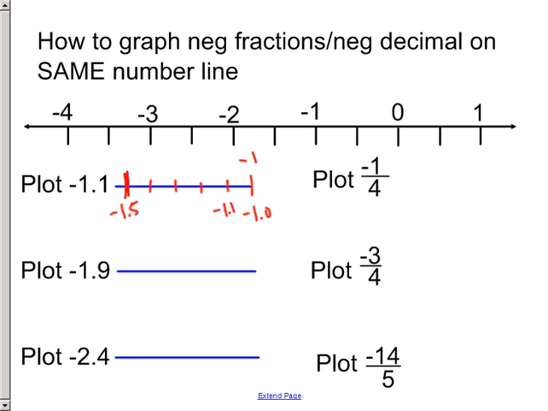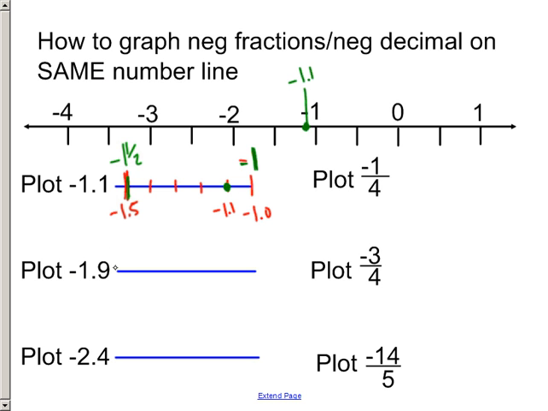So let's zoom in on this, and you can see negative 1.1 is to the left of negative 1. Here's negative 1, here's negative 1.1, one tick mark past it, and the negative 1.5 mark is way over here. So we don't want to be back here. We want to go to the left of negative 1, and it's sitting about right in through here.